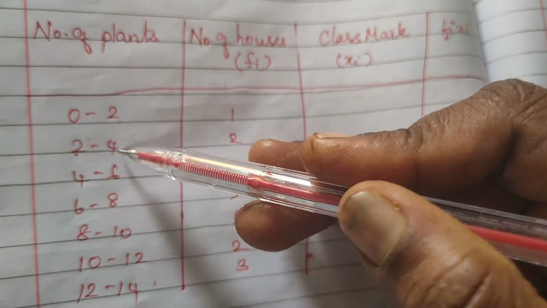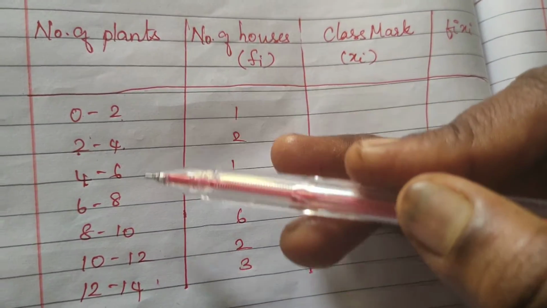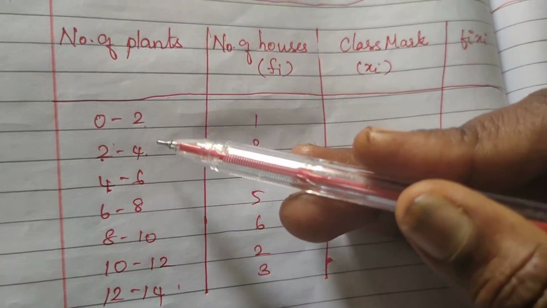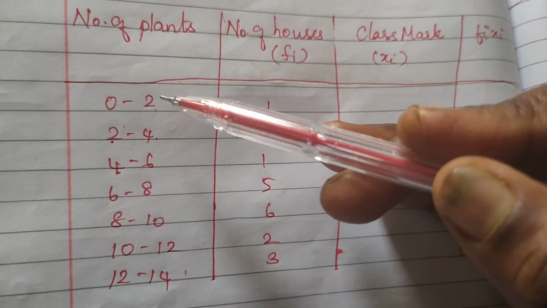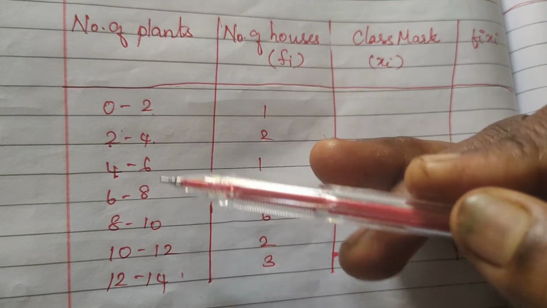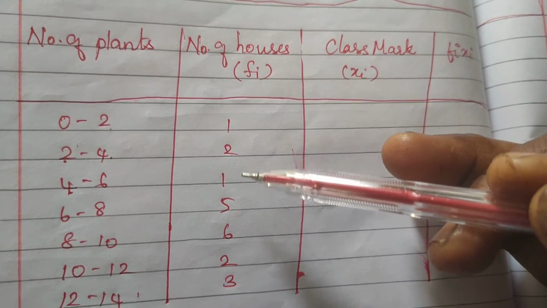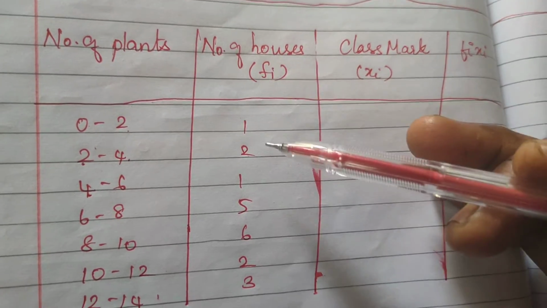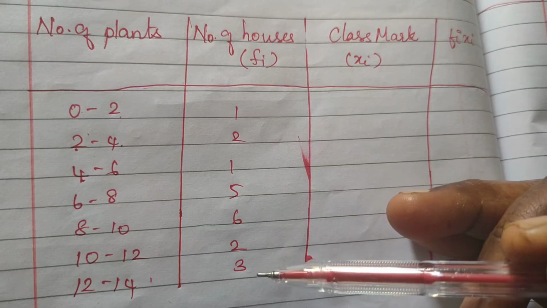So it ends with 4, and the next class interval starts with 4. Check all the class intervals first; if it is not continuous, you know how to make it continuous. Number of houses is the frequency, which is written as fi. Write the frequency next to this.